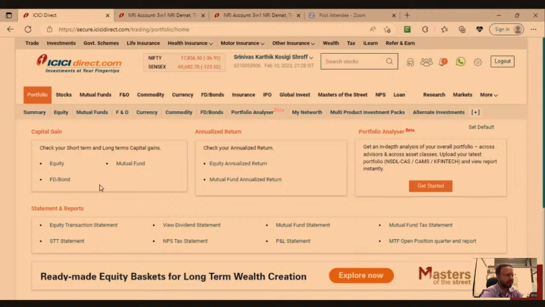As of now, unfortunately, we don't have a toll-free number for Canada, but there is a help desk number which you can call. And to be honest, if you have any queries related to the ICICI Direct account, you can also approach your relationship managers in ICICI Bank in Canada. We work very closely with the ICICI Bank Canada team in order to push our product and also to assist with queries. So you can reach out to them as well.